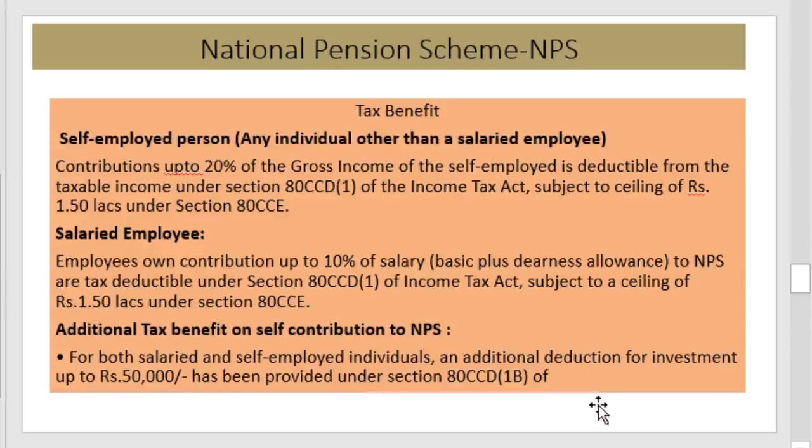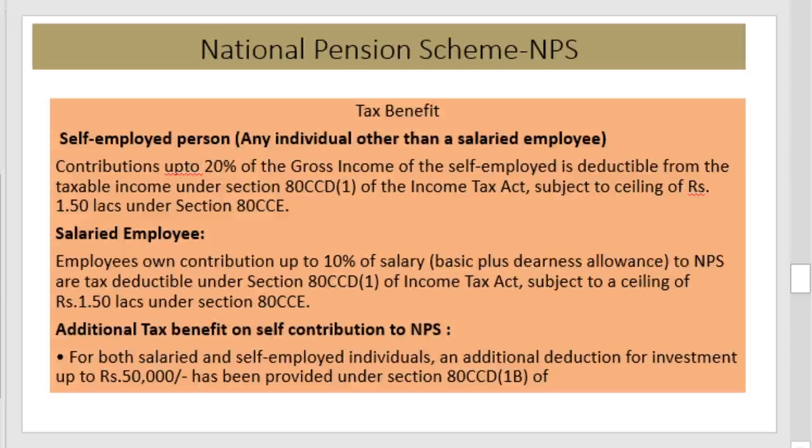Tax benefits of the National Pension Scheme are as follows. For self-employed persons, that is any individual other than salaried persons, contribution up to 20% of gross income is deductible from the taxable income under Section 80CCD(1) of the Income Tax Act, subject to a ceiling of Rs 1.5 lakhs.